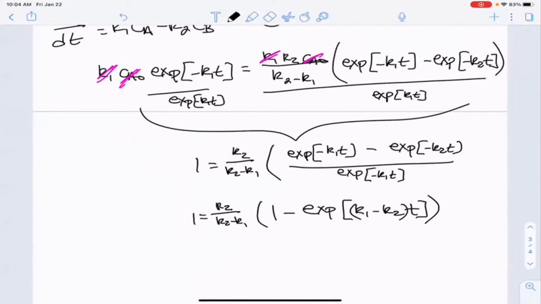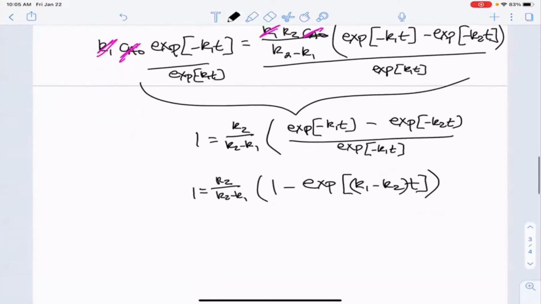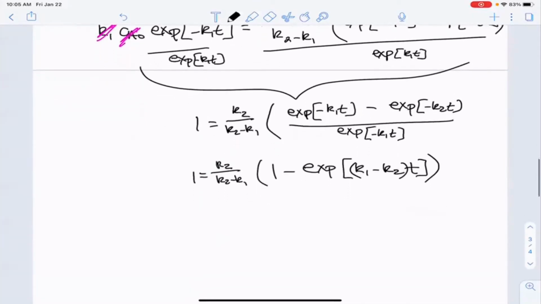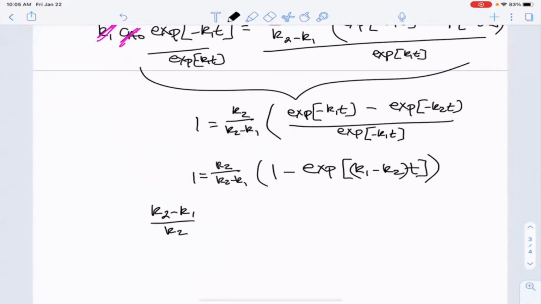Sorry, that's equals, not minus, right? 1 equals K2 over K2 minus K1 times 1 minus the exponent. And from here, we can actually solve for time, right? So K2 minus K1 over K2 equals 1 minus the exponent of K1 minus K2 times time.